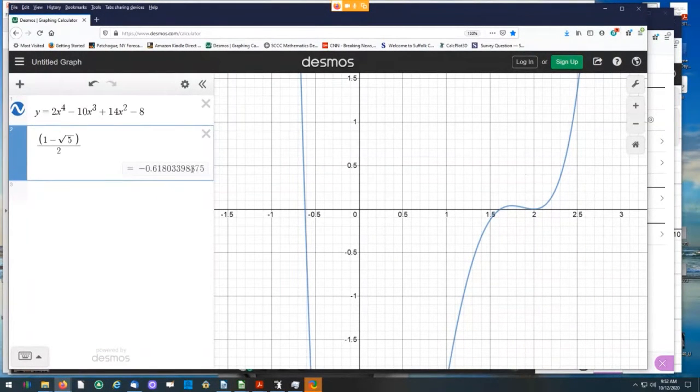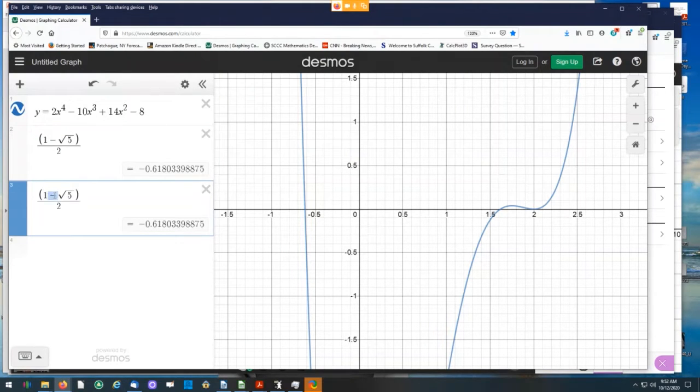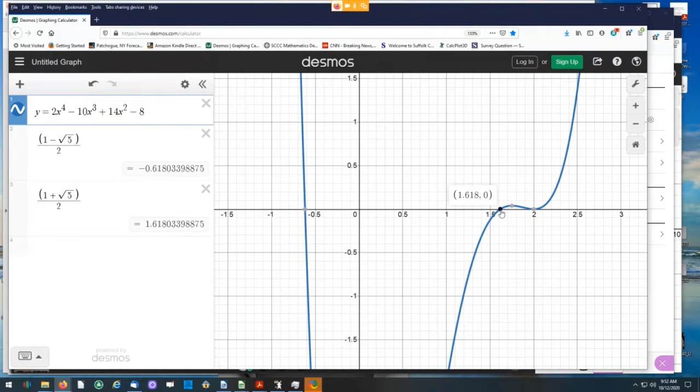And it keeps going now. And the other one obviously would be 1 plus. Be the same thing over here, but it's plus. And that's what we have. That other zero over here, you can see it's 1.618. So these are the approximations.